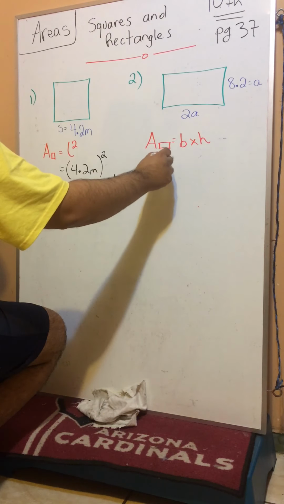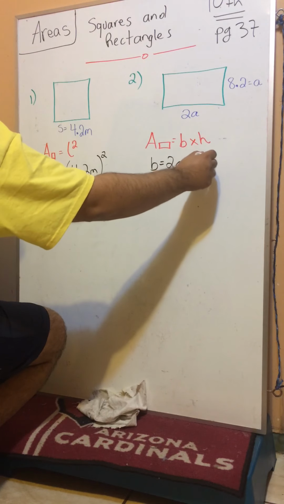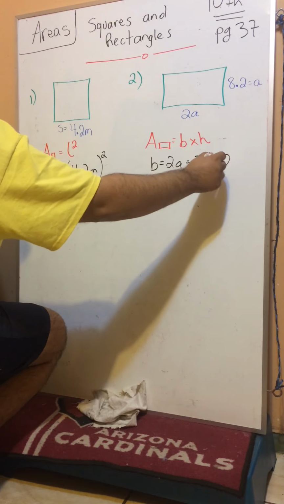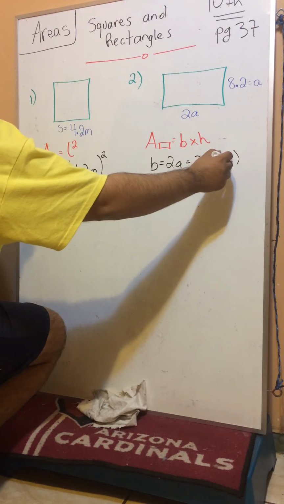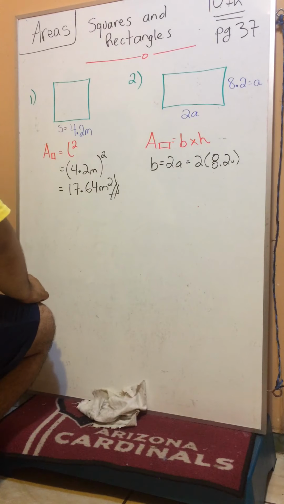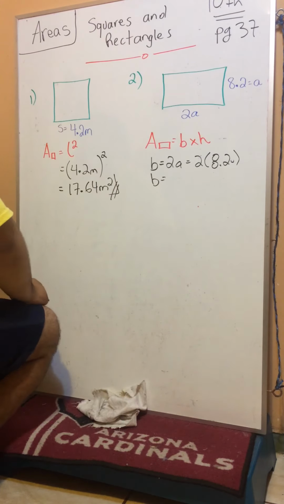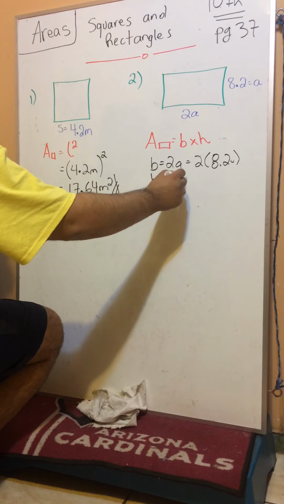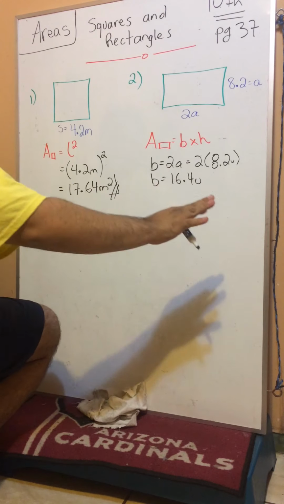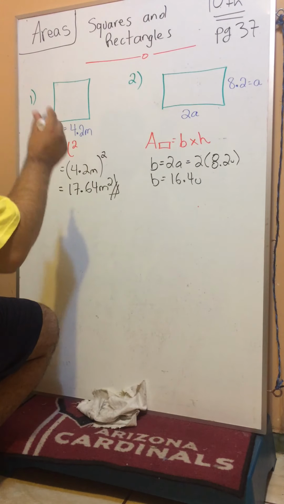We know that it's 2a, so that means 2 times 8.2. In this case, we don't have units. So the base is going to be 16.4 units. Right now, we're still working only with units because we're just doubling. It's not squared.